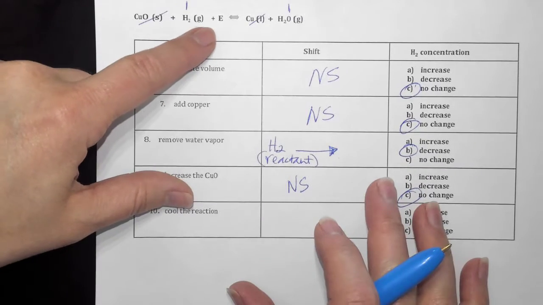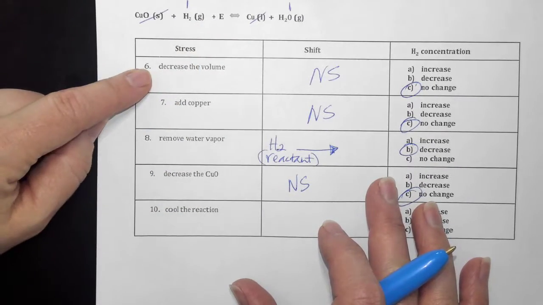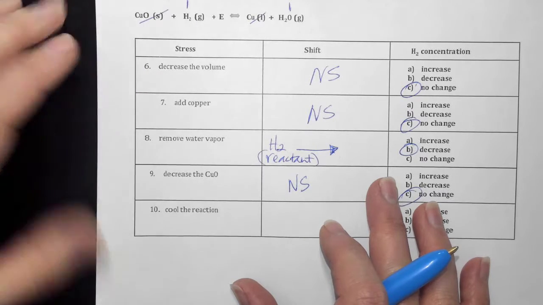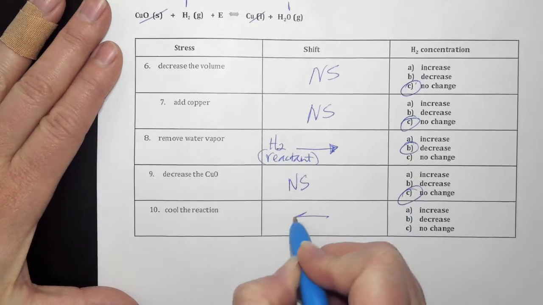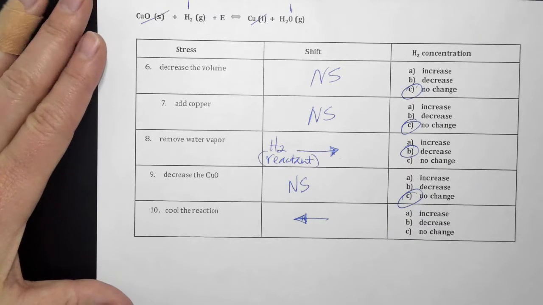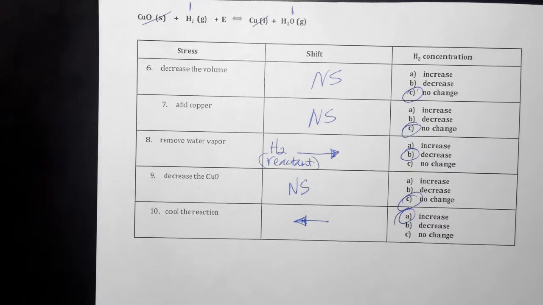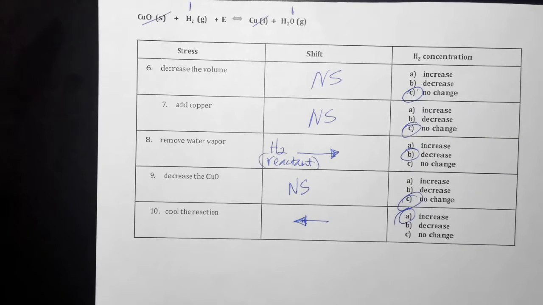Left. If I cool it, am I adding it or taking it away? If I take away on the left, equilibrium shifts towards it, so we shift to the left. If I shift to the left, Kenley, what happens to the concentration of H2? Increases. All right.